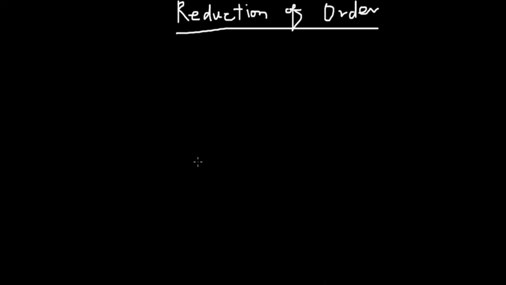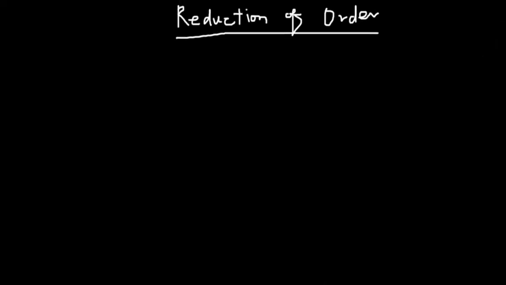So in this video we'll be treating reduction of order in differential equations. For the topic reduction of order, we are trying to produce a linearly homogeneous differential equation whenever you've been given one function, maybe y1 to be a certain expression, and then you have to find what's y2.